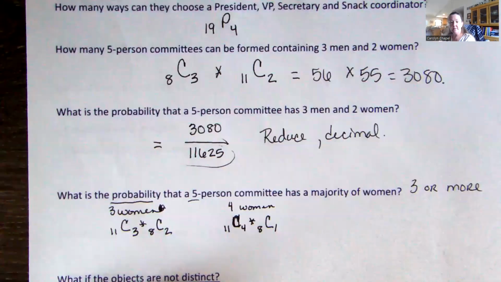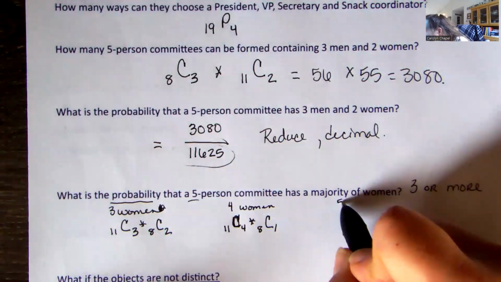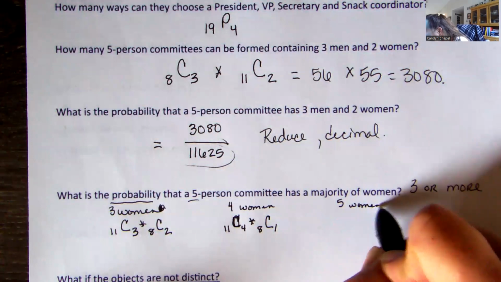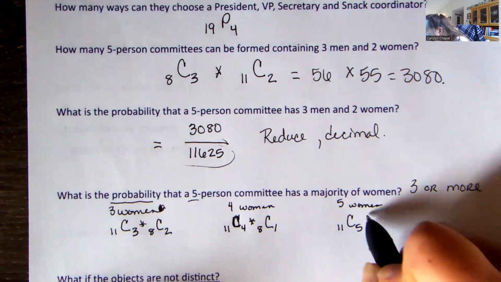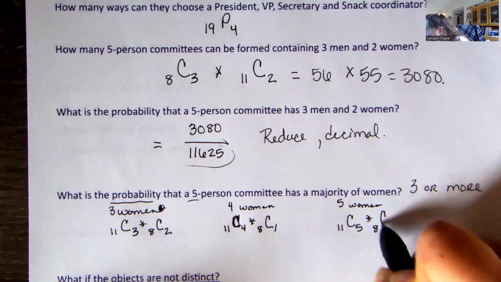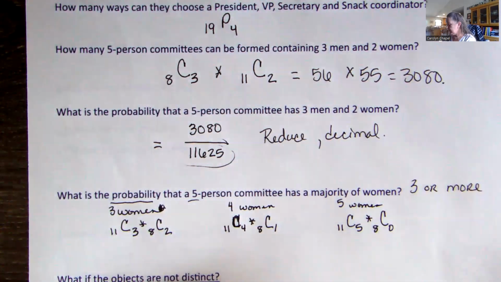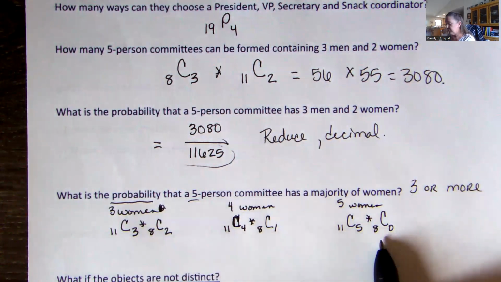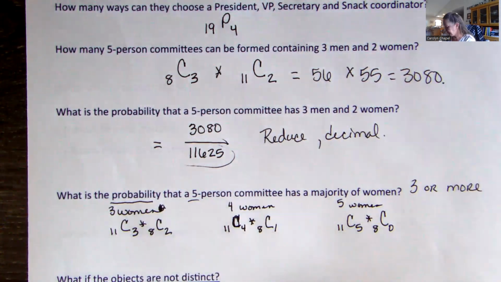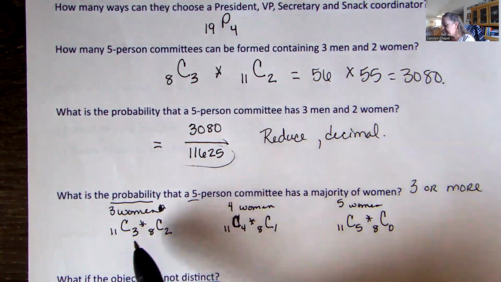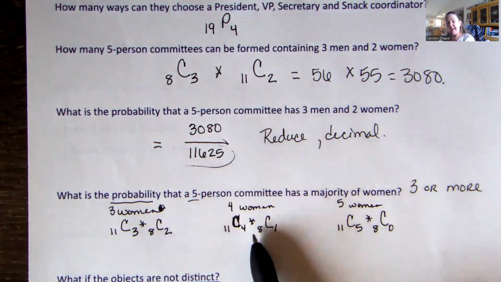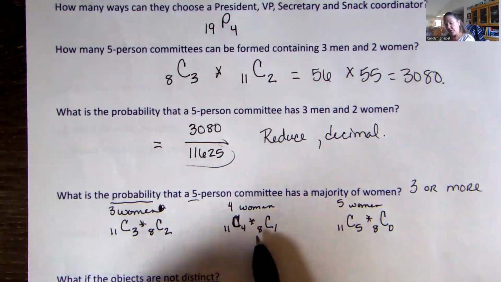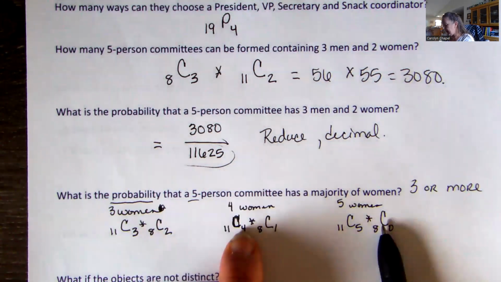And we could have 5 women. 11C5. We could do an 8C0 if you wanted to. That number will turn out to be 1 because there's only one way to choose no men. Okay, but we have to do something with these pieces. So we have a 3 woman and a 4 woman. It would be or, because either a 3 or 4 or a 5.